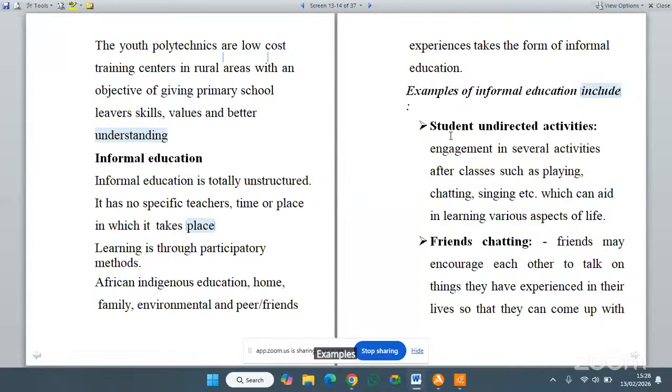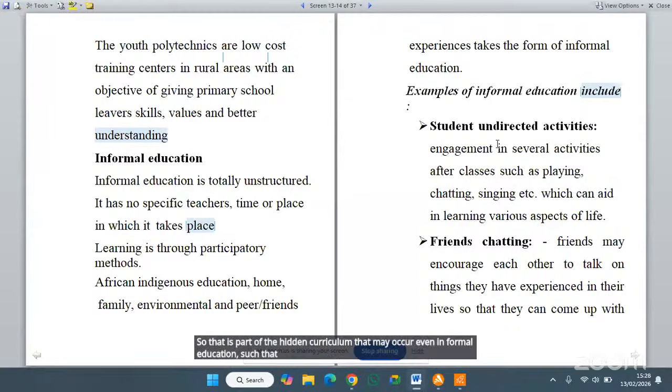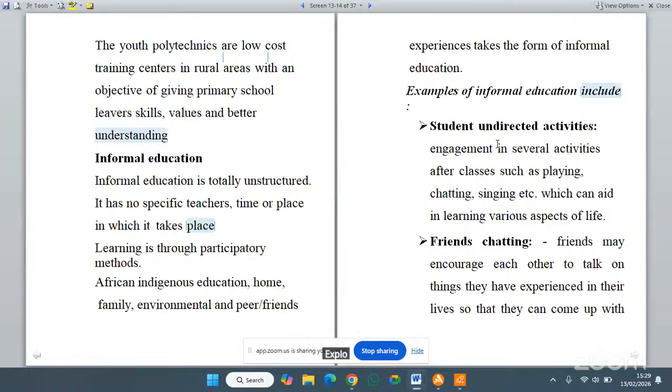Examples include student-directed activities, engagement in several activities after classes like playing, chatting, singing, which can aid in learning various aspects of life. So that is part of the hidden curriculum that may occur even in formal education, such that we have students carrying out their own activities that they are not directed to, and we find them exploiting their own interests, their own talents.